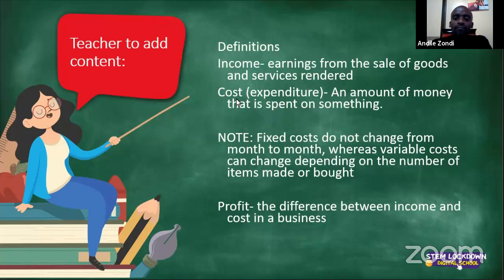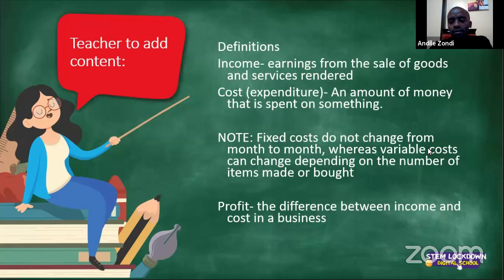For this lesson, I'll be talking about total cost. When I say total cost, I mean fixed cost and variable cost. What is fixed cost? These are costs that do not change from month to month.